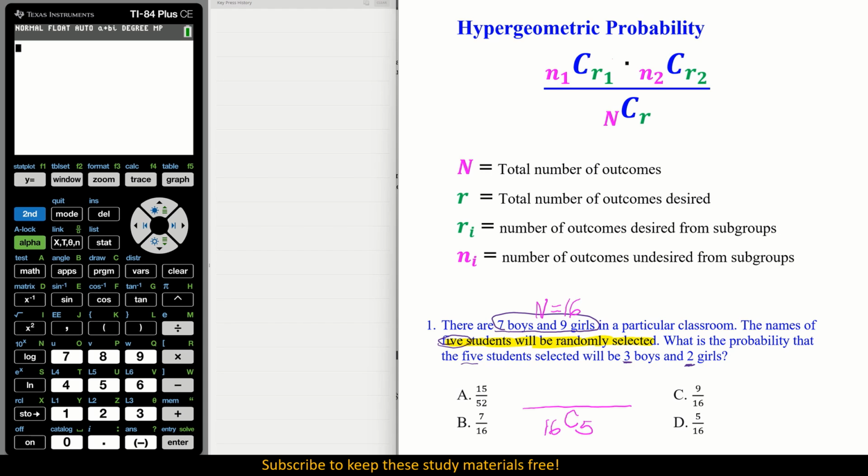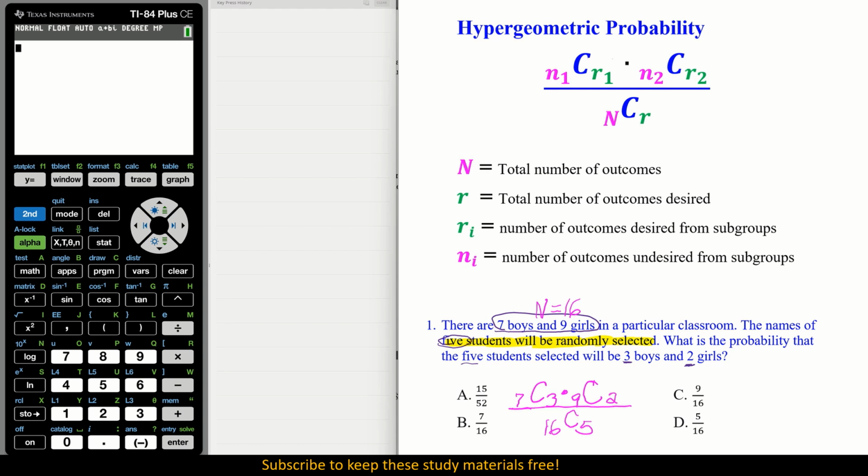So we know that we're going to set up C and C. This is going to be multiplied. However, boys is one total of the subgroup. That's 7. And then 9 girls is a total of the other subgroup. Okay? From the boys, we want 3. From the girls, we want 2.